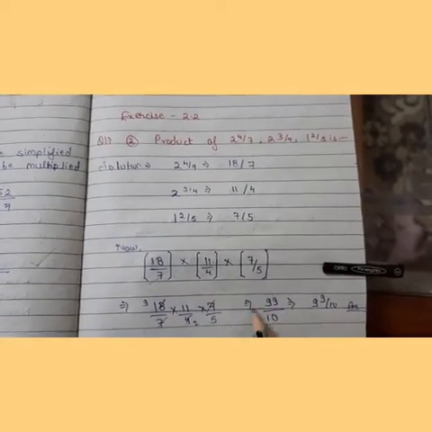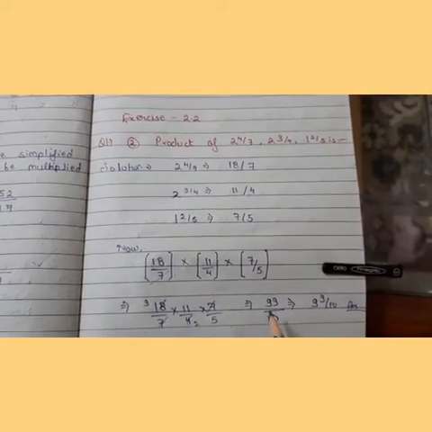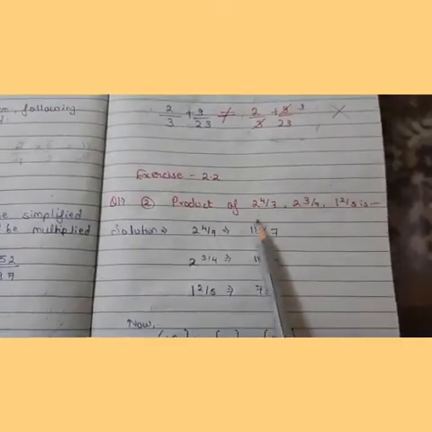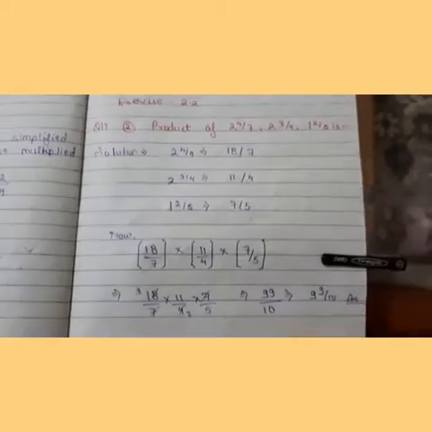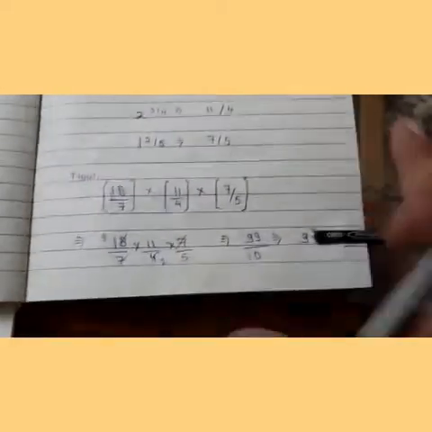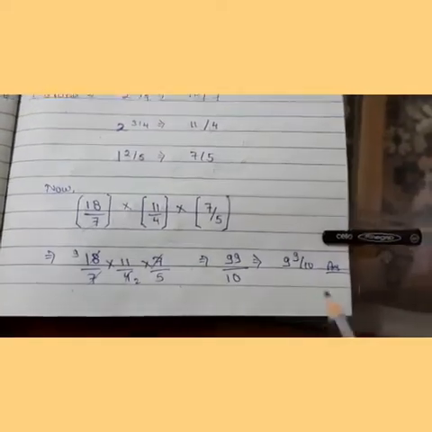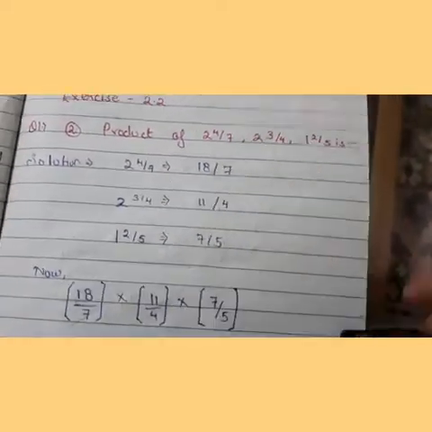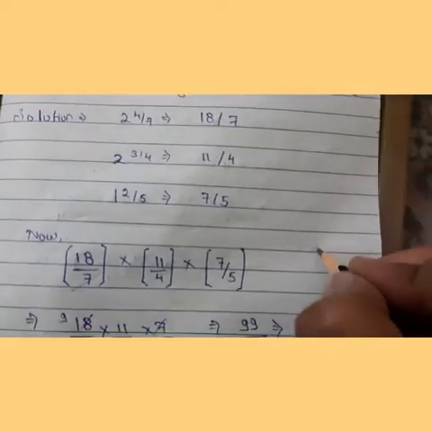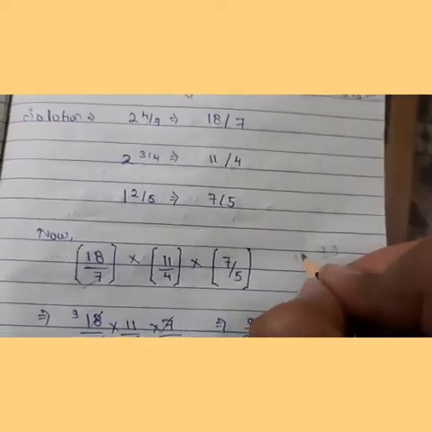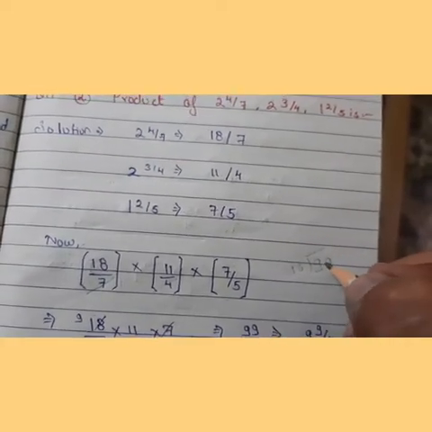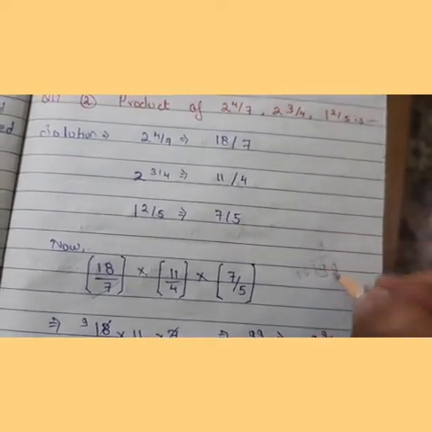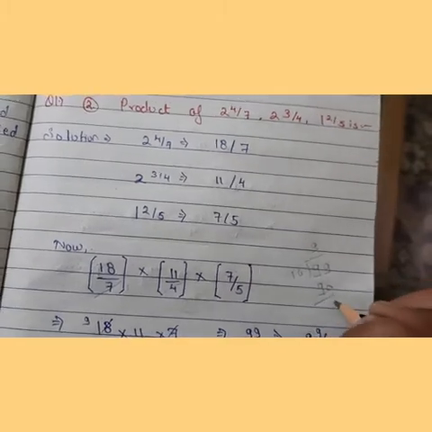Now this could also be the answer, but since the question was given in the form of mixed fractions, you need to convert this into a mixed fraction. How is 99 upon 10 equal to 9 whole number 9 upon 10? See, 99 upon 10, how many times will it go? 10 into 10 is 100, which is greater, that means 10 into 9 is 90.